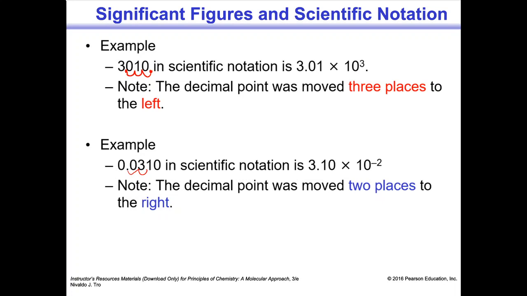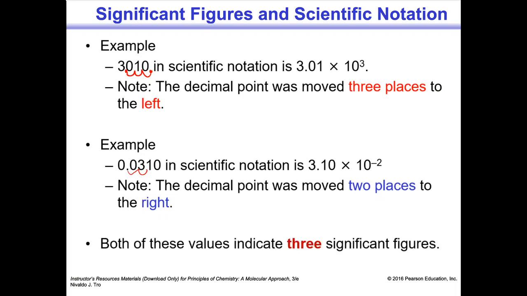But the important thing here is that both of these numbers we're now displaying with 3 sig figs. This first one we had 3, but it wasn't in scientific notation, so we moved it over, and we still have 3 sig figs because that's how many we want to keep for our answer. The important thing is it's easier to show how many sig figs I have.